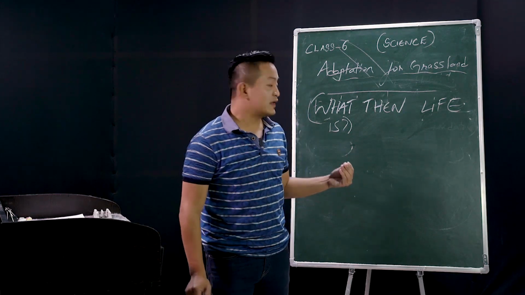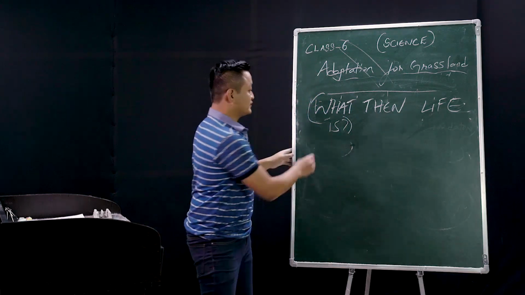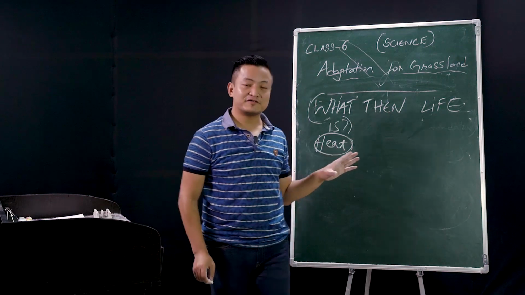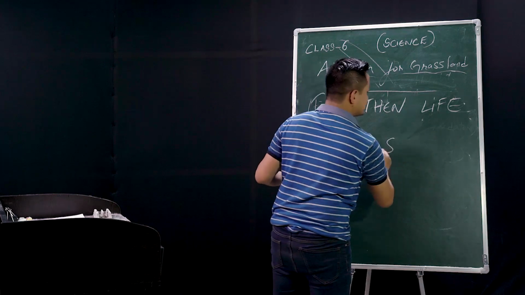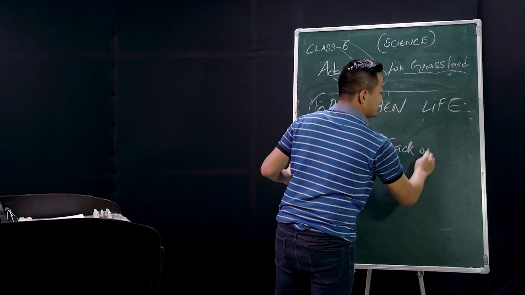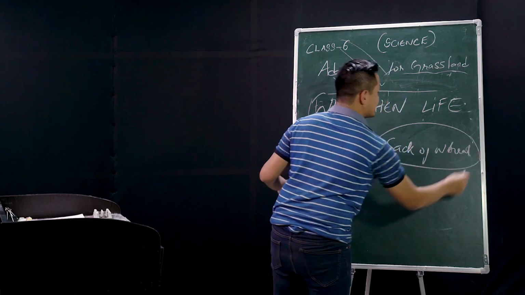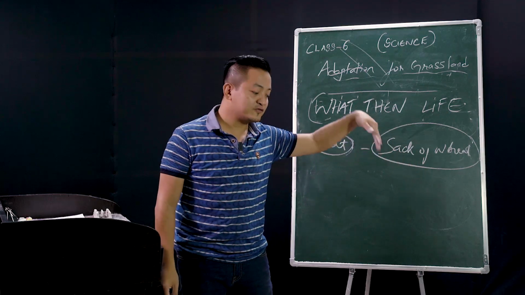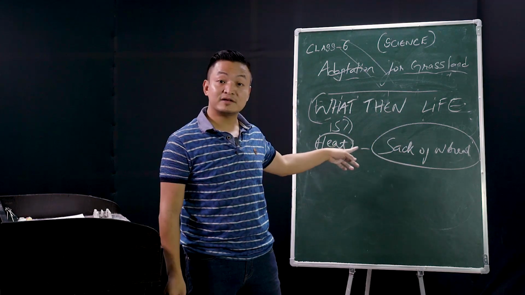Clear? And also, they have mentioned the heat in the last paragraph, just by taking an example of a sack of wheat. Okay, a sack of wheat. In the sack of wheat, if you push your hand and keep it for a long time, there will be heat. Clear?